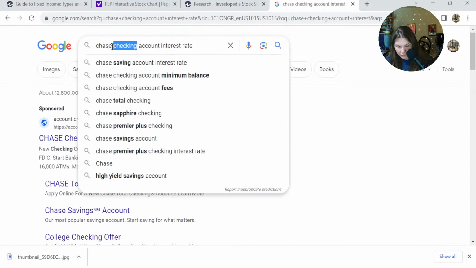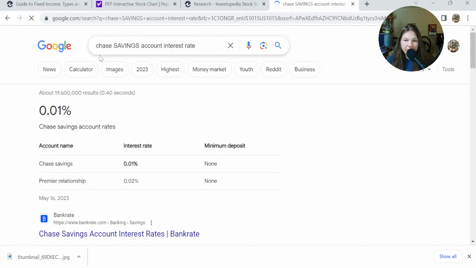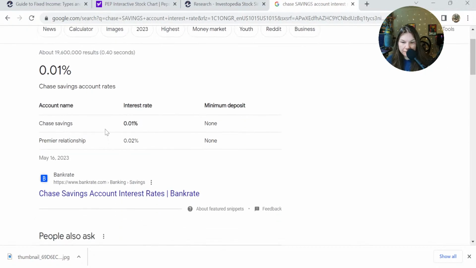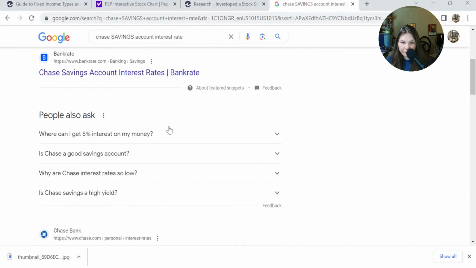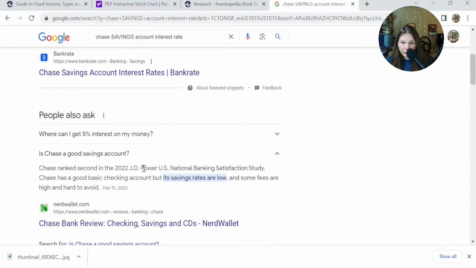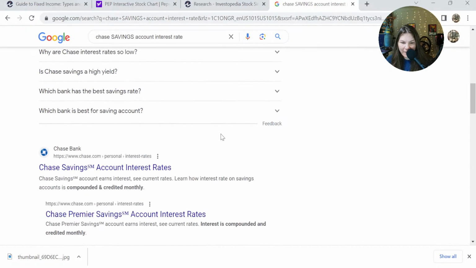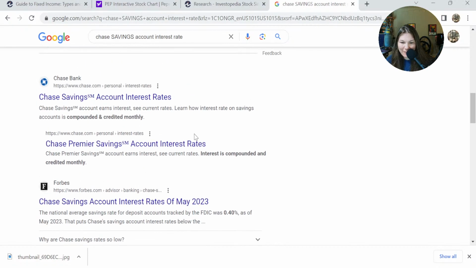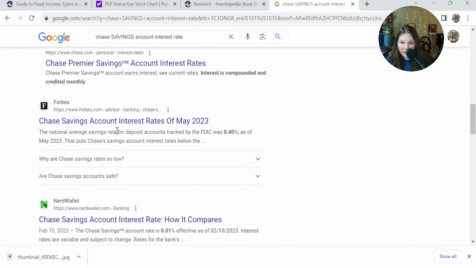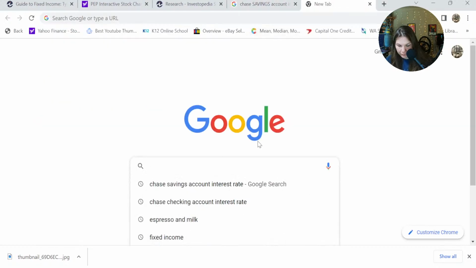What about a savings account? Don't put your money in a checking account. What does a savings account get? Savings rates are low. What are they? The national average savings rate for deposit accounts tracked by the FDIC was 0.4%. Okay?